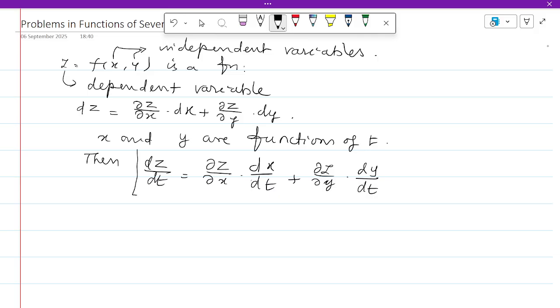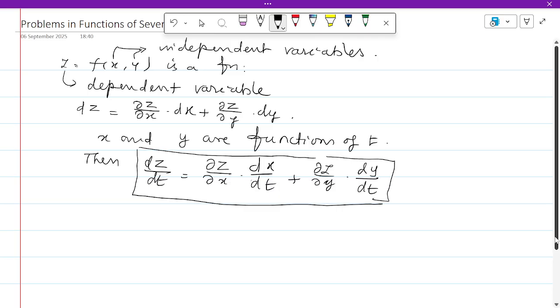So based on this formula we will discuss a few problems in the total differential.